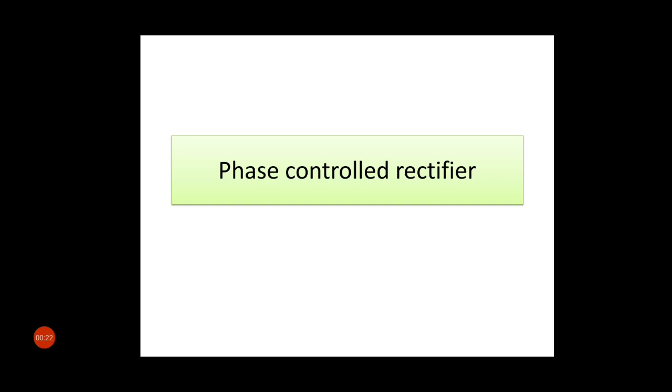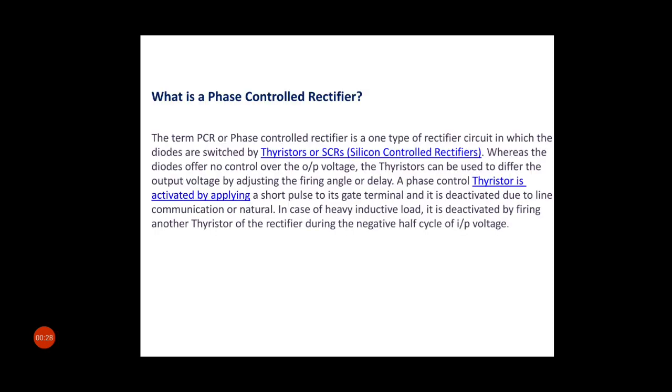Let's start our discussion. You are studying various types of semiconductor devices. You have studied, or will study, SCR, which means silicon controlled rectifier, thyristor, power MOSFET, power BJT, diodes, rectifier diodes, then Zener diode.